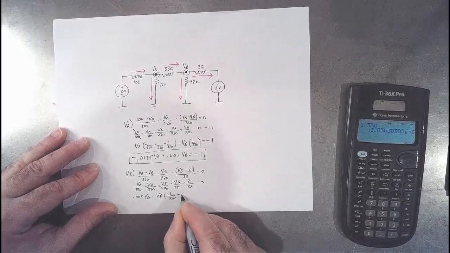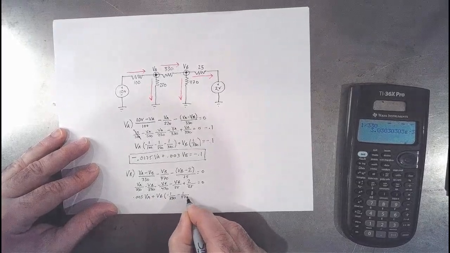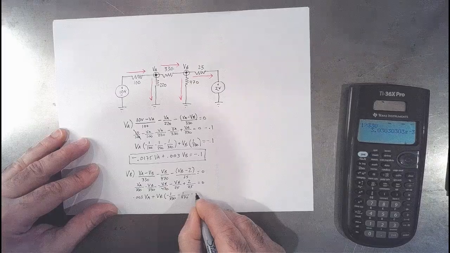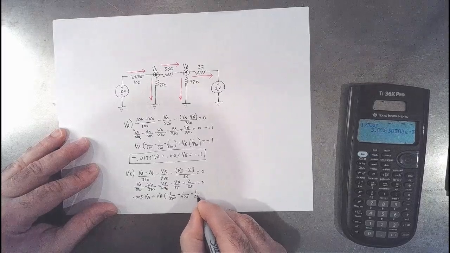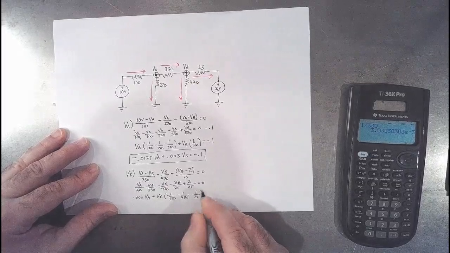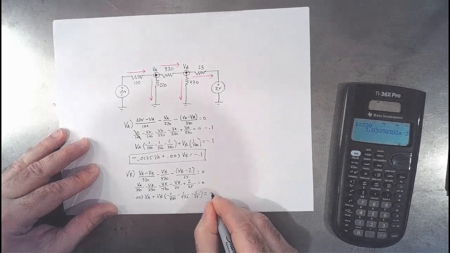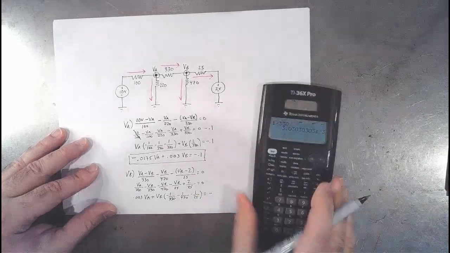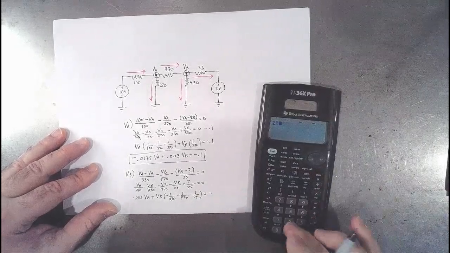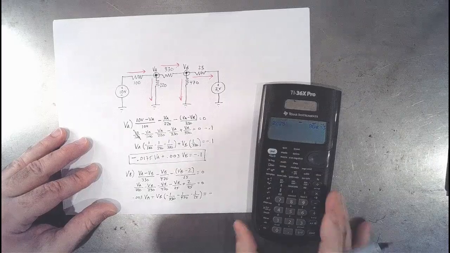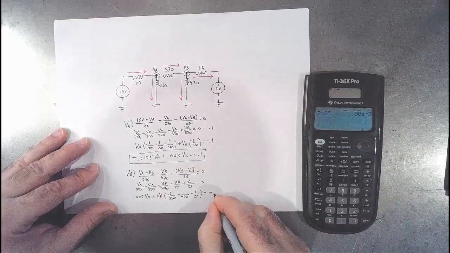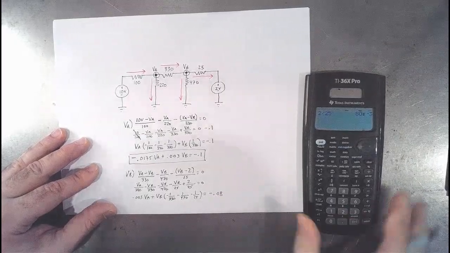And then 1 over 470 minus 1 over 25. And what is 2/25? 2 divided by 25 is 0.08. So minus 0.08 goes over there.